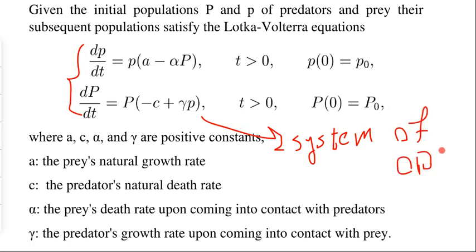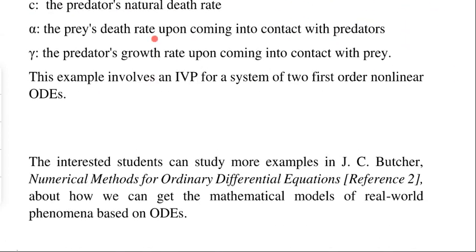We need to solve these two equations together subject to these initial conditions to obtain the unknown functions small p and capital P. Here the values of A, alpha, C, and gamma are known, and we want to solve this problem.